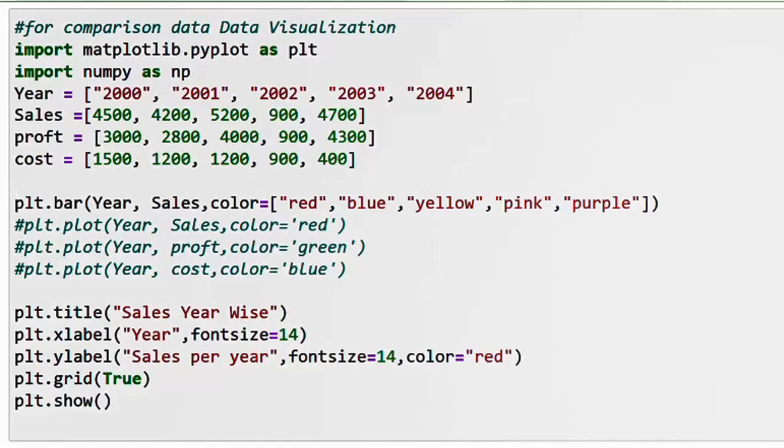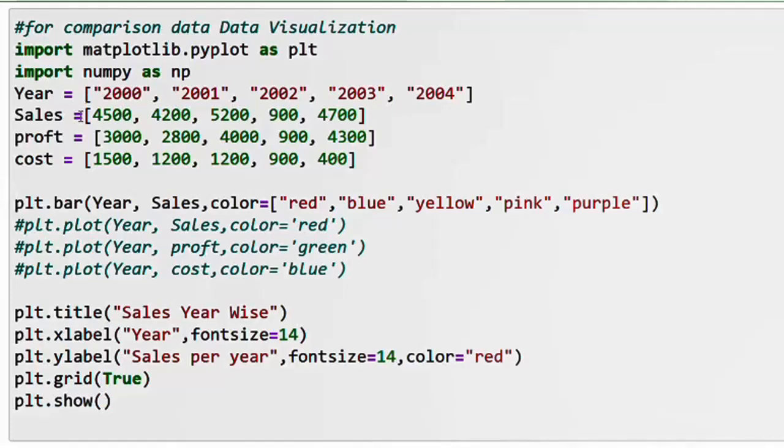For comparison, I told you we use the bar chart or line chart, but there is a difference between them. In the case of the bar chart, there are two parameters in this program: the sales and the year, say multiple years, and we have the sales for the respective years.